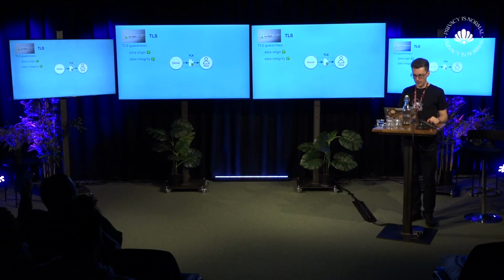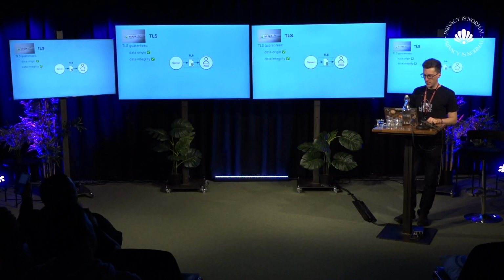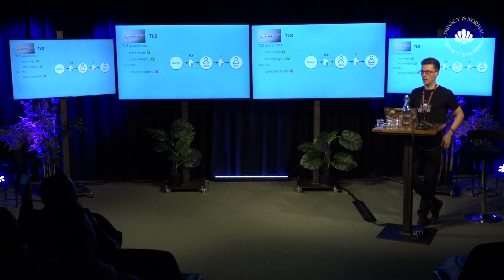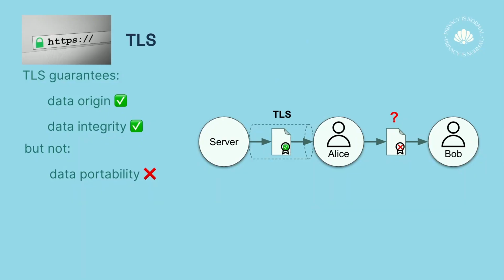And there it serves its purpose very well. But where TLS doesn't help is when Alice wants to share that data with Bob. Because TLS uses symmetric encryption, Bob has no guarantees that Alice didn't tamper with the data.